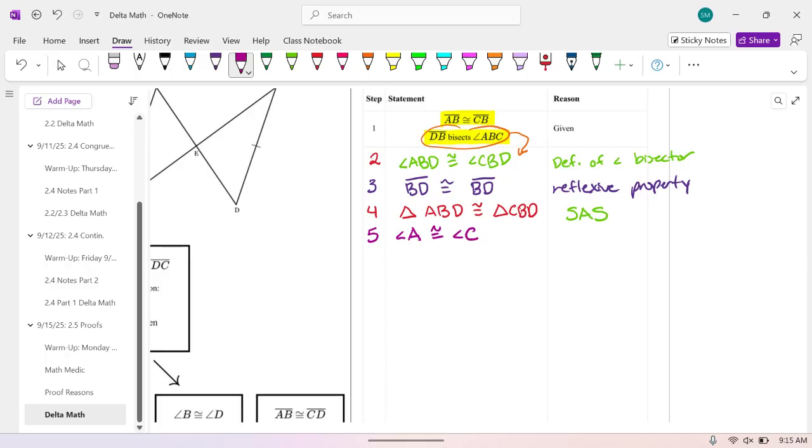Because the triangles are congruent, but what's the acronym? CPCTC. So those two are congruent because of CPCTC. So since we proved that the triangles are congruent, we know that all their corresponding parts are congruent.